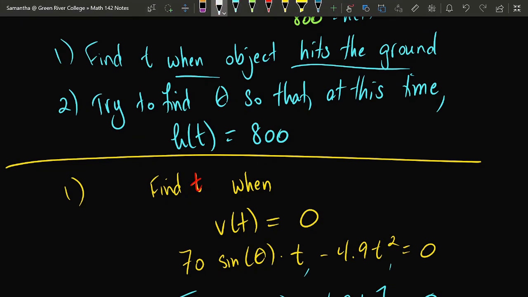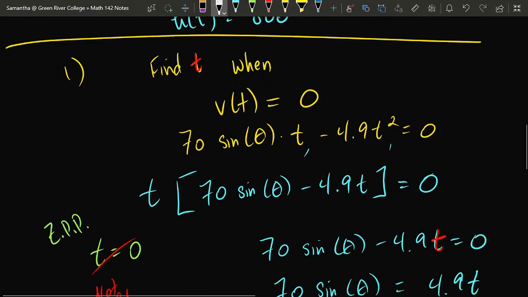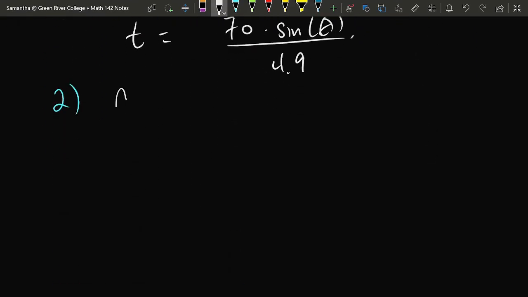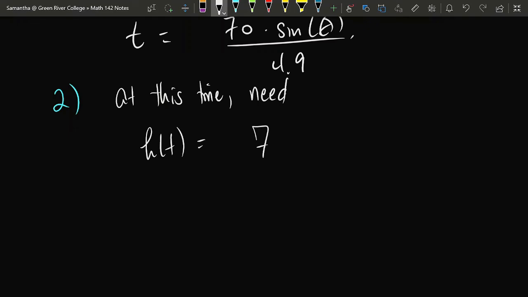The goal is that at the time t, when the object hits the ground, h of t is equal to 800. We need h of t, whose formula was given by 70 times cosine times t, to be equal to 800.